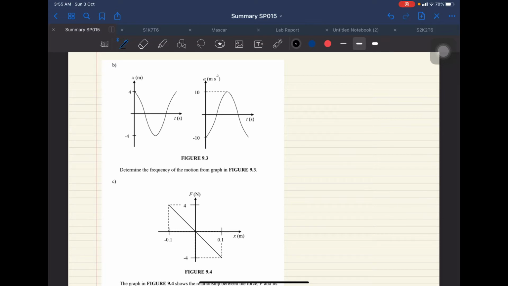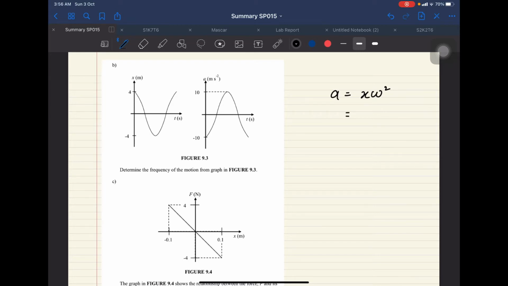You can refer to the definition of simple harmonic motion, where the equation would be a equals x omega squared. I got confused a little bit.